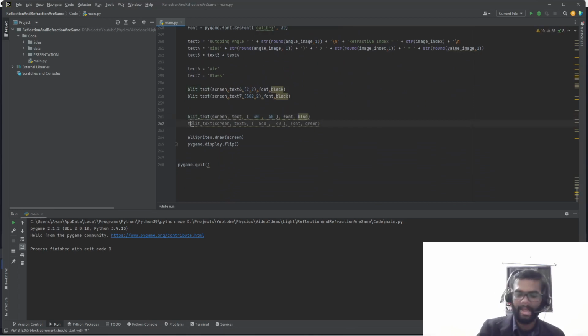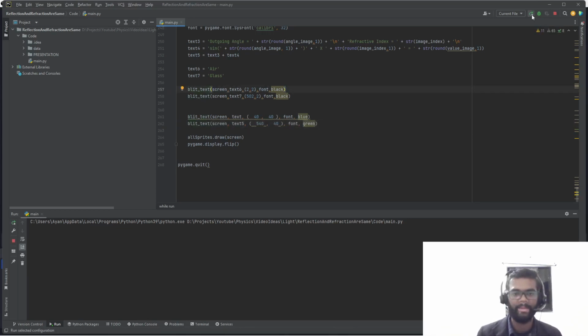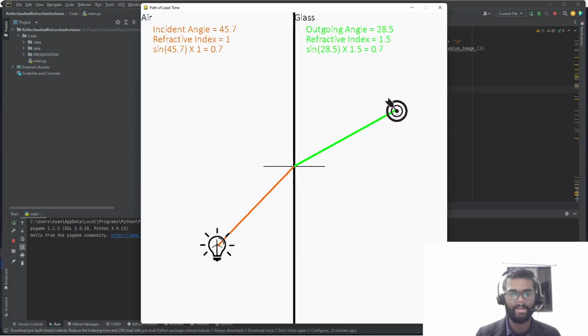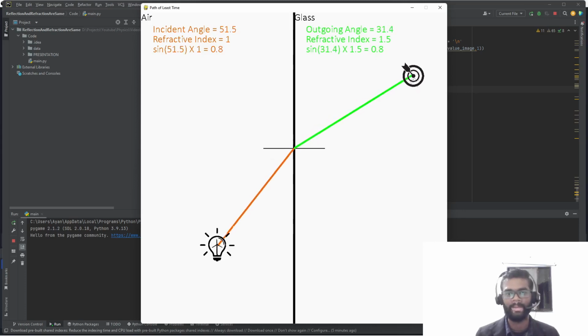I'm going to calculate the angle that both incident and reflected rays make with the common normal. I will take the sine of that angle and multiply it with the refractive index. So basically I'm calculating n1 sin theta 1 here and n2 sin theta 2 here, which, as you already know, is Snell's law.